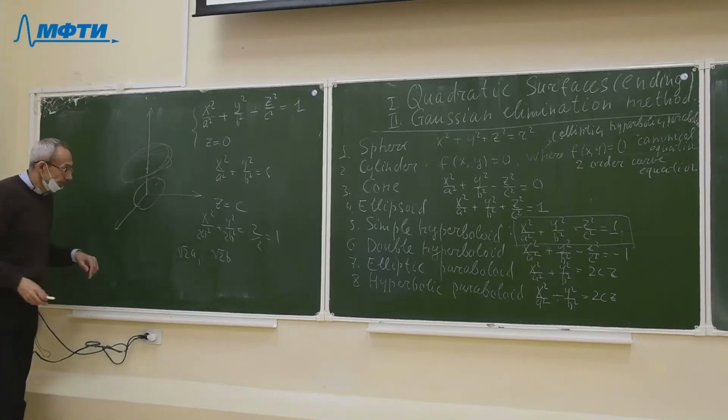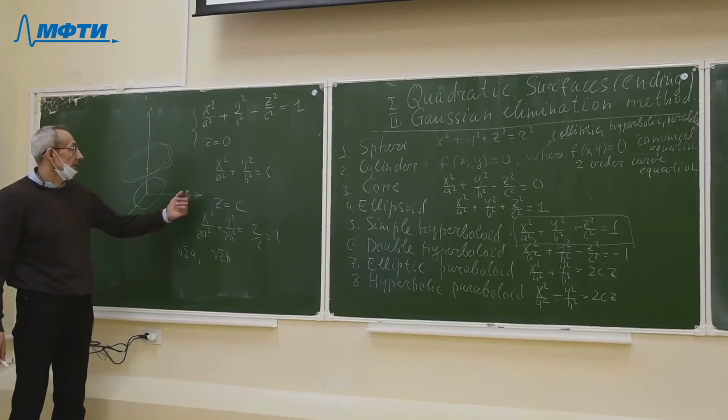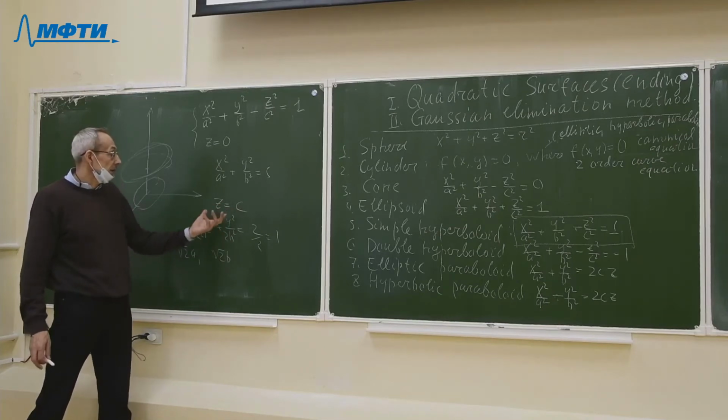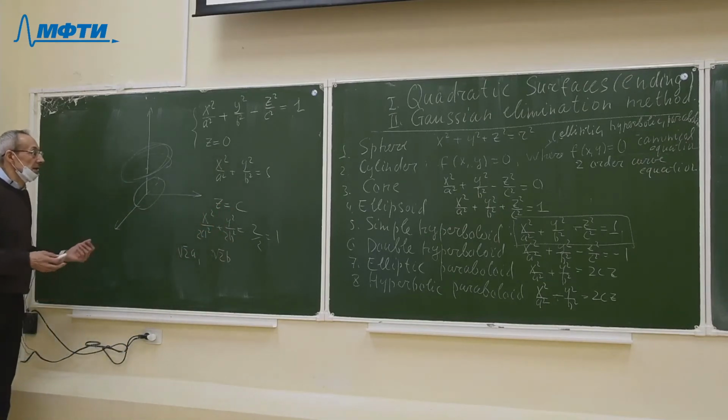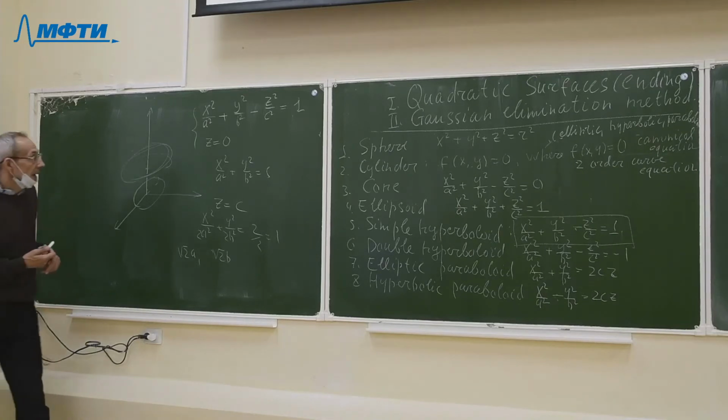And if this constant increases, the sizes of the ellipse which we obtain as a section of this plane become larger and larger. But the form of this ellipse is the same.